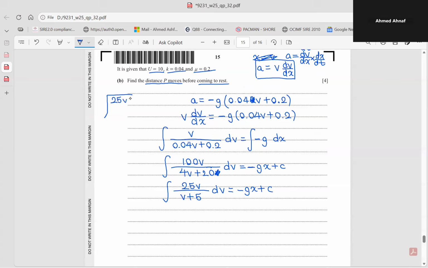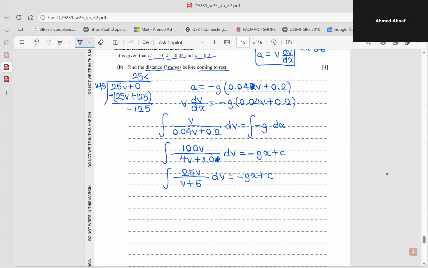So 25v plus 0, we divide it by v plus 5. So 25v, so 25 plus 125. You divide by 25. This is minus 125.